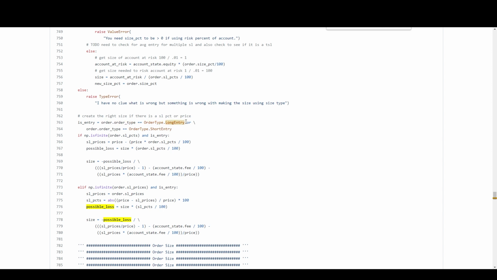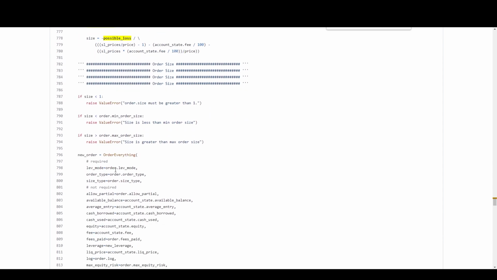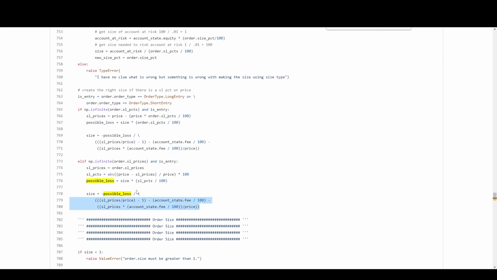If it's a long or a short entry, is entry stop loss price. I didn't even do anything for short. And I don't even know what this is.